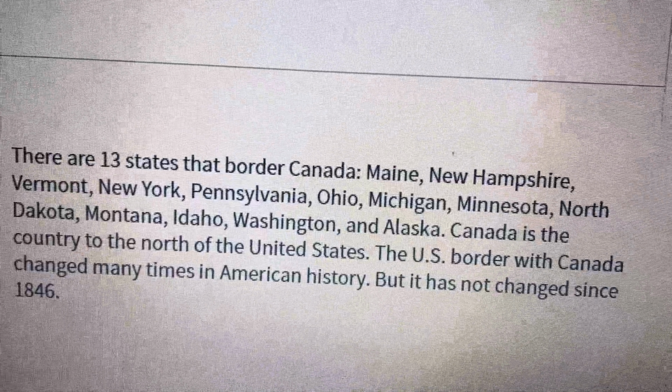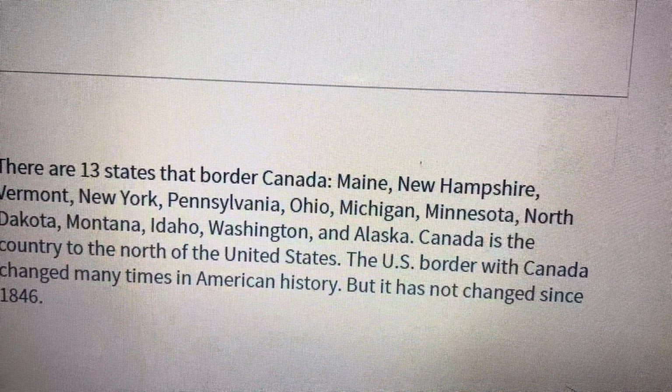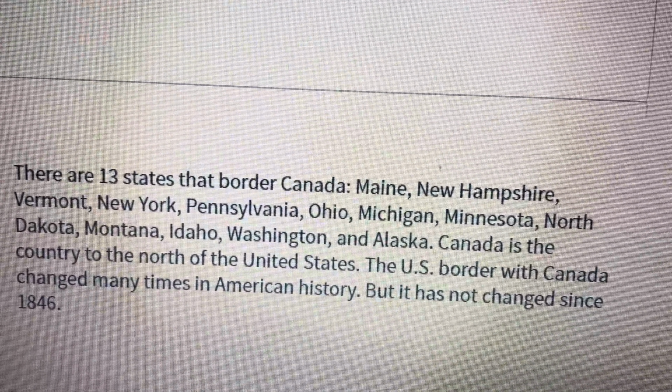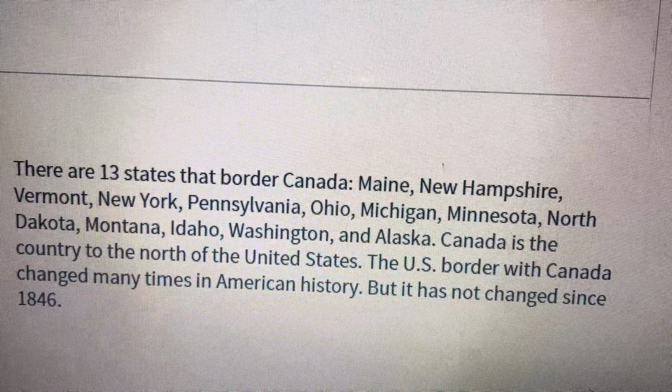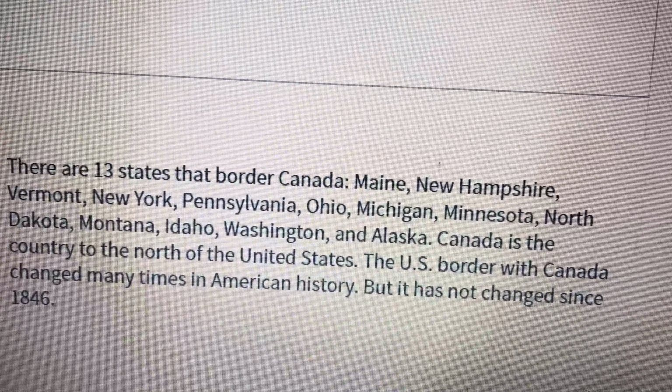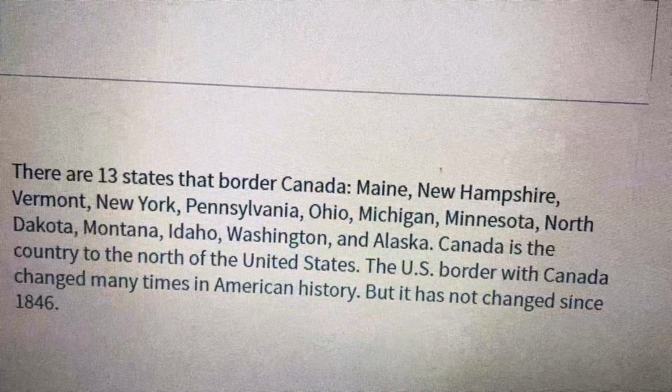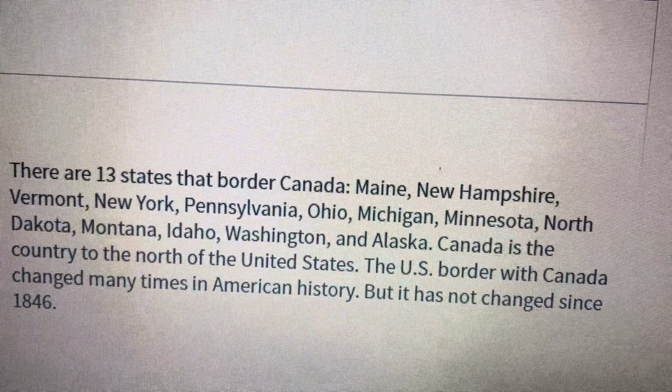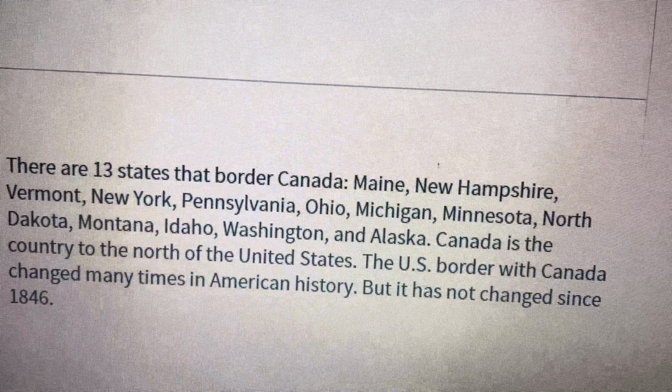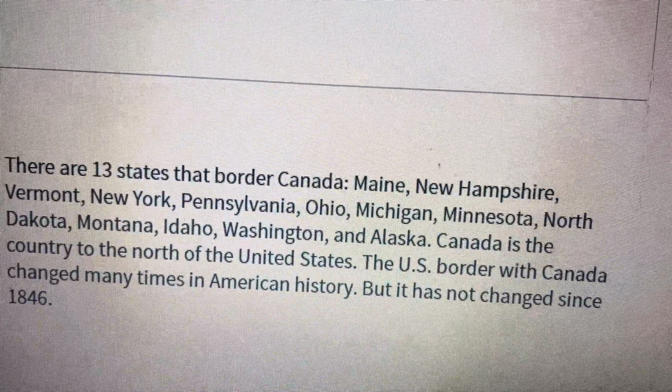Maybe that's the reason why they are so cold, because they are near Canada. Canada is the country north of the United States. The U.S. border with Canada changed many times in American history, but it has not changed since 1846. So, Maine.